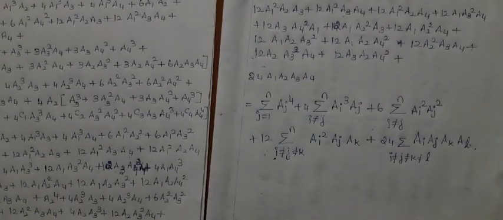See, what I have done is, I have collected a1 power 4, a2 power 4, a3 power 4, a4 power 4. I have collected all these terms separately so that finally I can come to the conclusion regarding the structure.